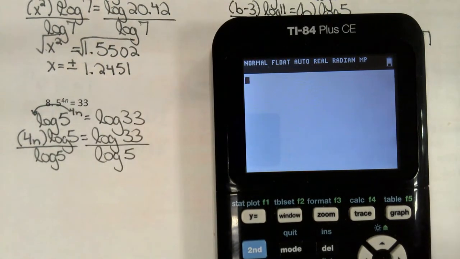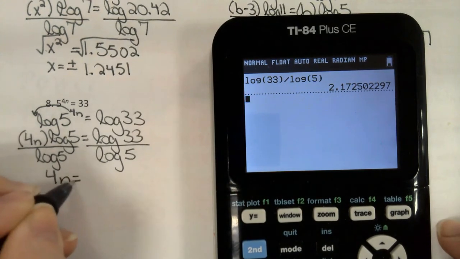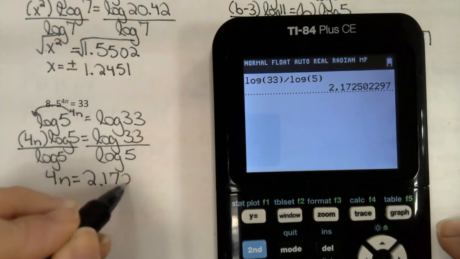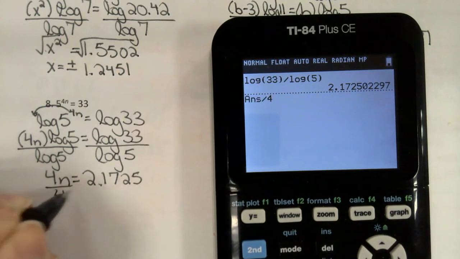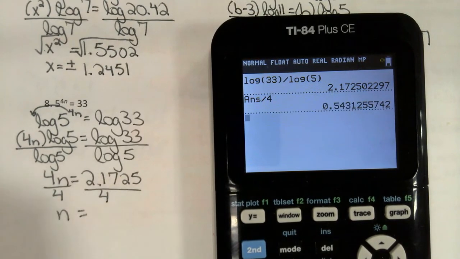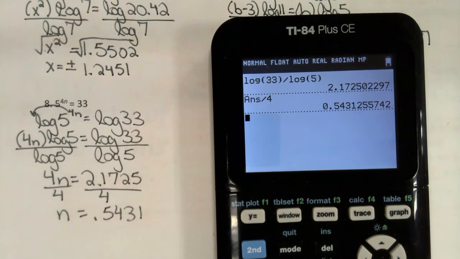So we have log of 33 divided by log of 5. 4n equals 2.1725. Now we need to divide both sides by 4. n equals 0.5431.